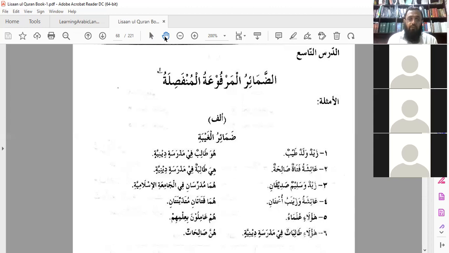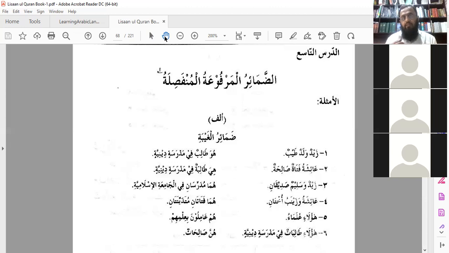Now we come to muannath hadir. Al-mufrad al-muannath al-hadir, that is anti. For muthanna, antuma, and for jama, antunna. Now we come to mutakallim, and in mutakallim we have only two pronouns.